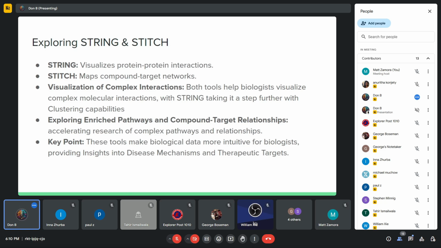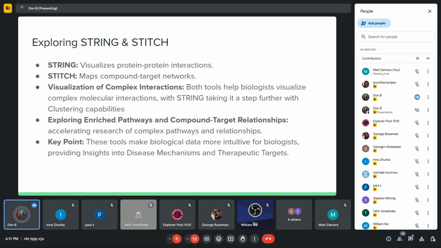So both tools do help biologists visualize complex interactions. Part of my confirmation of that, beyond just my intuition, was Paul's enthusiastic response. And if he's available, maybe he can provide his two bits later on. But it is a powerful tool.